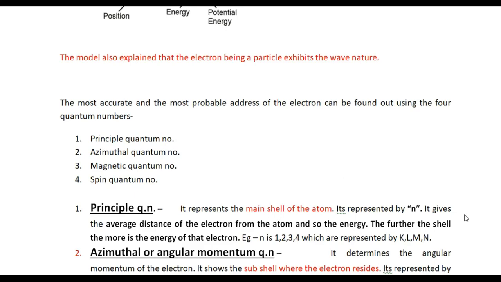The principal quantum number gives the average distance of the electron from the nucleus and so the energy. When we go from the first main shell to the second, third, and fourth, the average distance of the electron from the nucleus increases, and so the energy of the electron also increases.